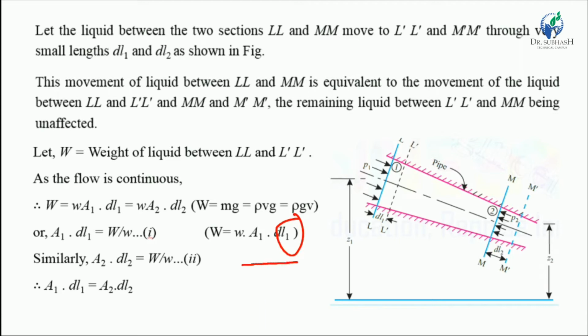So A1 dL1 is the volume, and small w is the specific weight rho g. So W is equal to small w A1 dL1. So we get equation 1: the ratio of weight to specific weight is equal to A1 dL1.